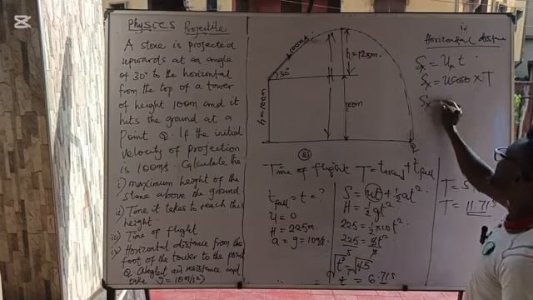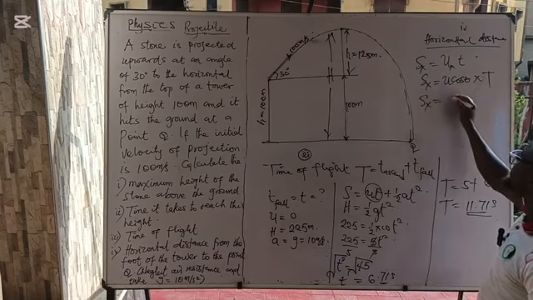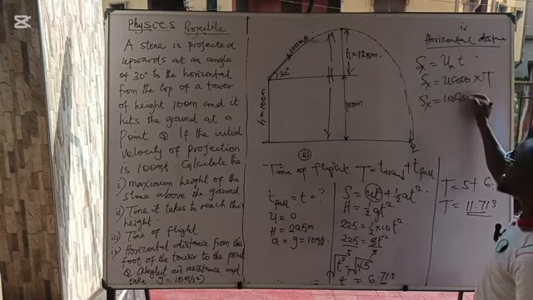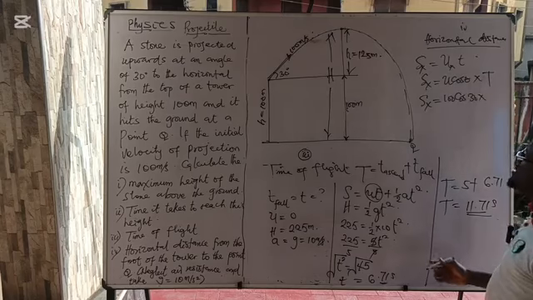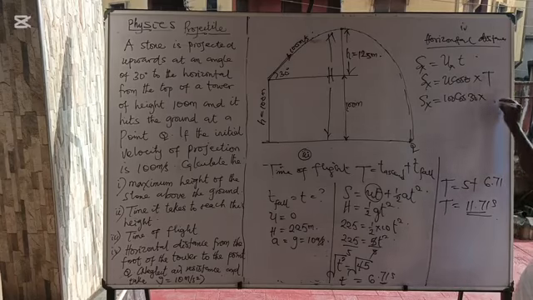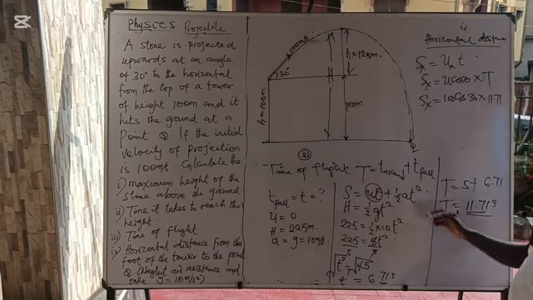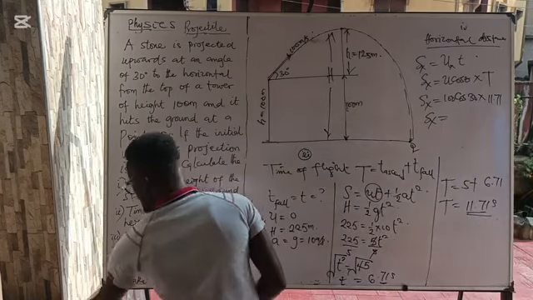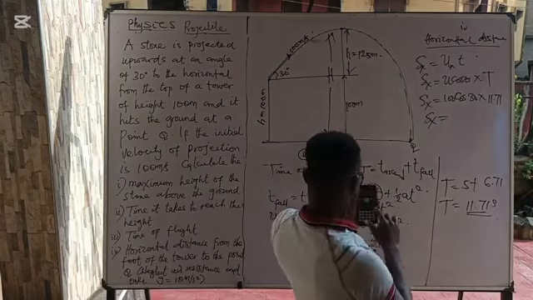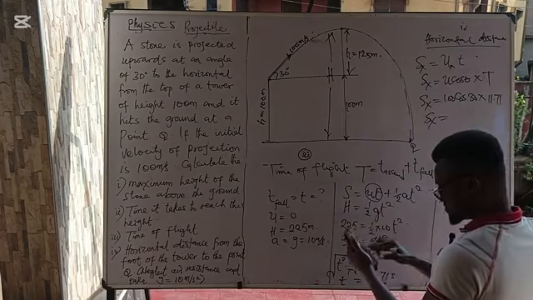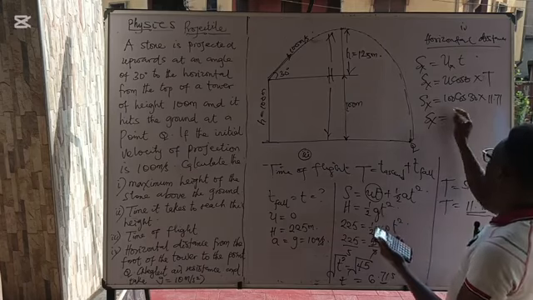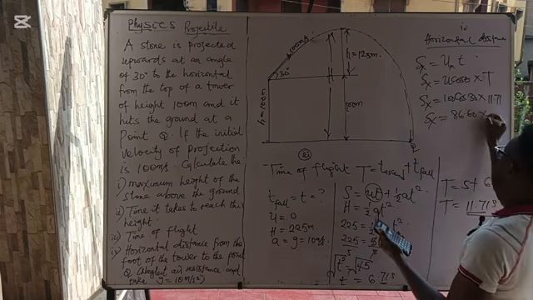So the horizontal distance, now we have u, which is 100. Then cosine of that very angle, which is cos 30. Then we've got the time, which is 11.71. So the horizontal distance, if you simplify this, we have 100 cos 30, which will give 86.60.